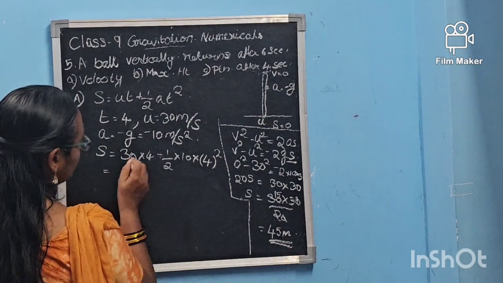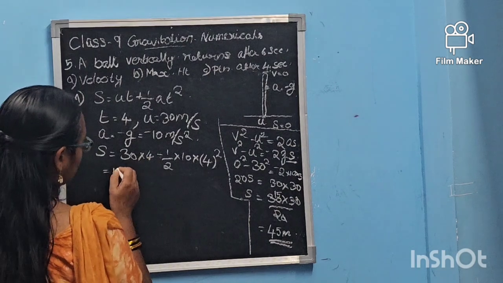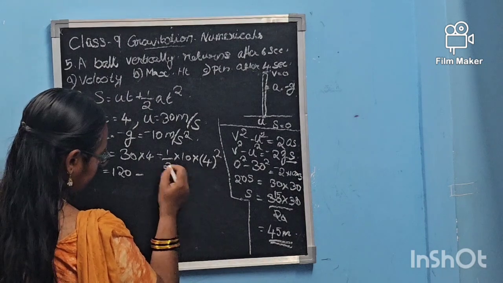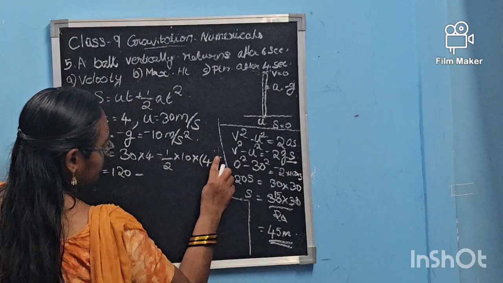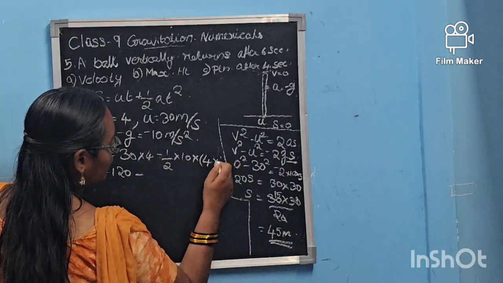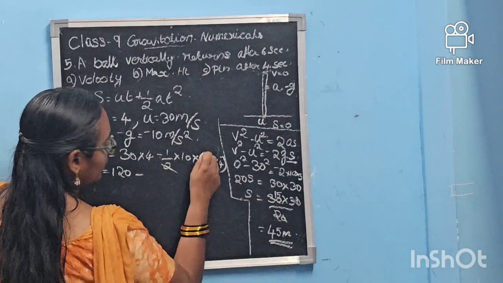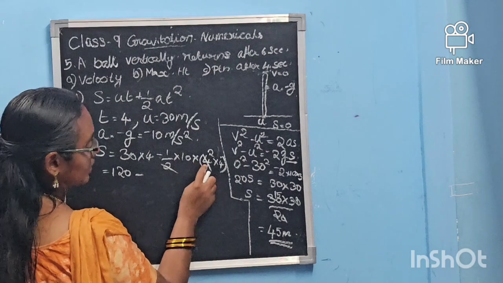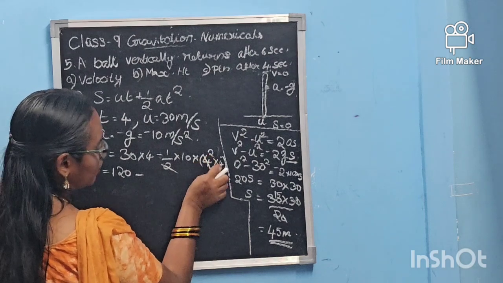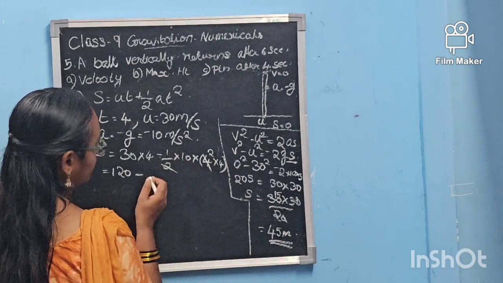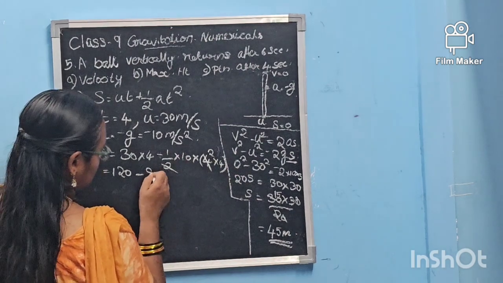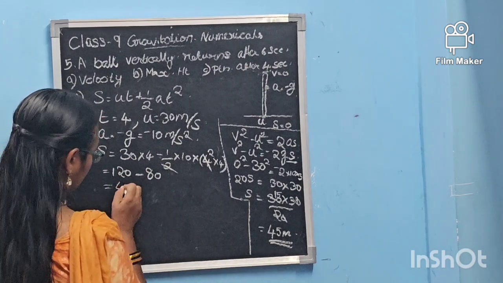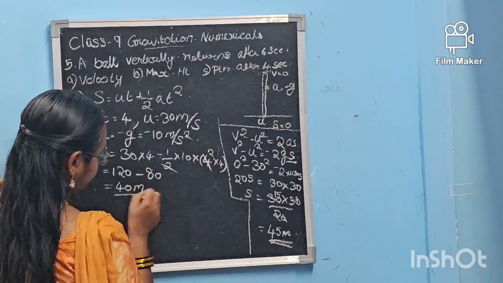We are solving it. Is equal to 30 into 4 is 120. 120 minus, 4 into 4. 2 is cancelling 4 and we are getting 2 into 4, 8. 8 into 10, 80. 120 minus 80 is 40. 40 meter.